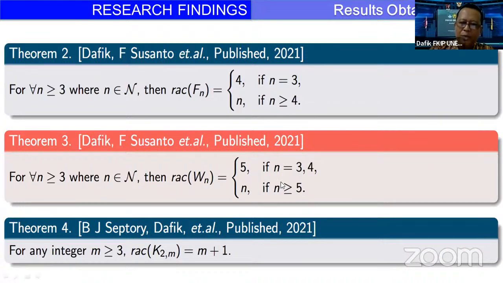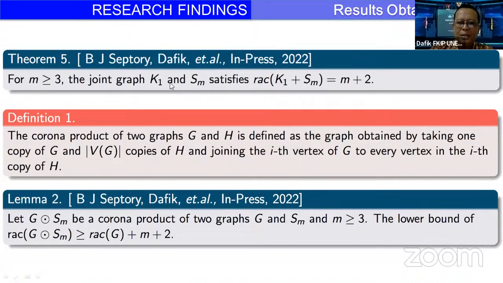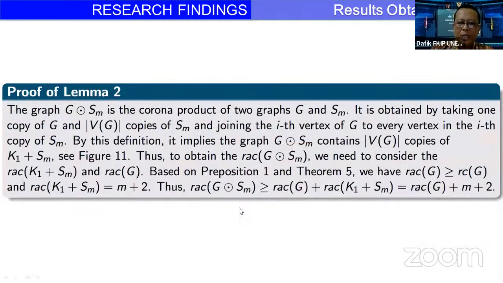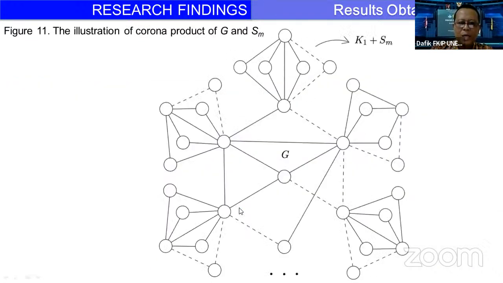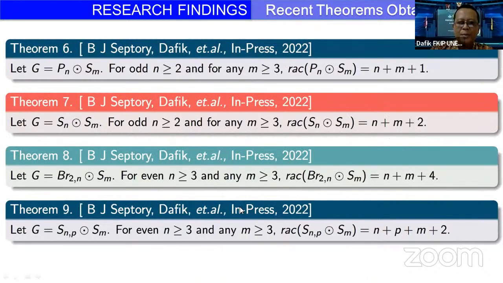For wheel, we have different cases, but for bipartite graph, we have all cases, and then we also have a graph operation between complete graph of order 1 plus star.